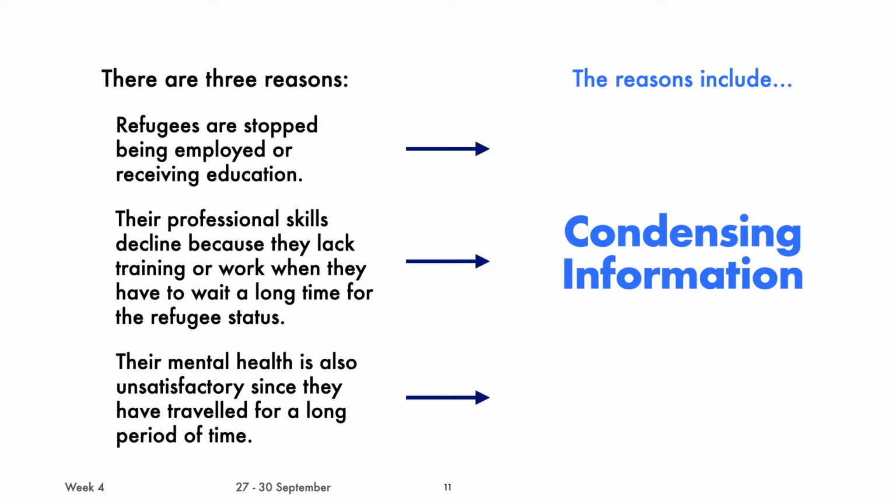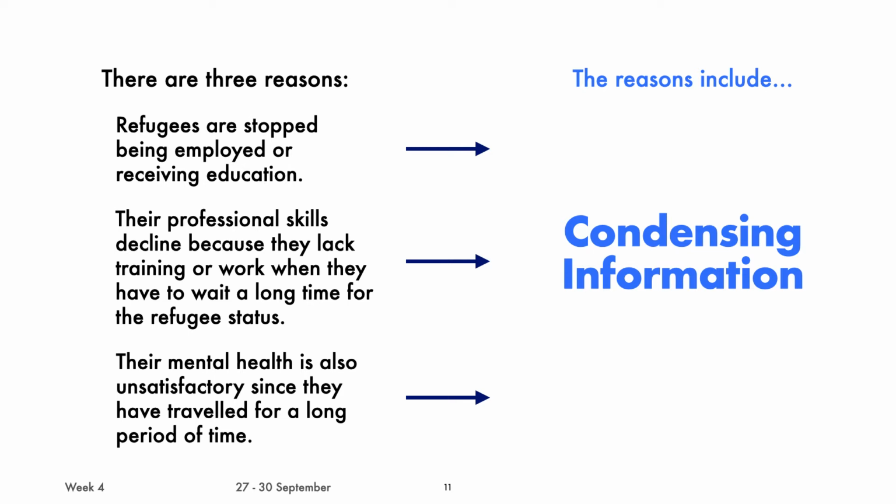Okay, so look at this example from a student of mine a few years ago. So he talked about the reasons for the refugee situation not being very well in some countries. So he said there are 3 reasons. Refugees are stopped being employed or receiving education. Their professional skills decline because they lack training or work when they have to wait a long time for the refugee status.